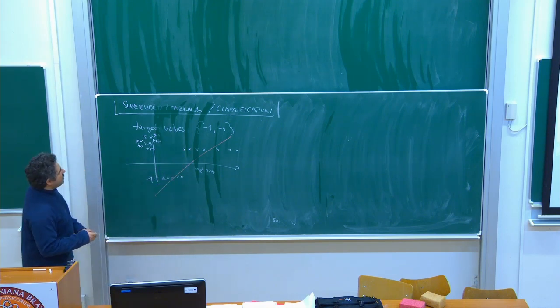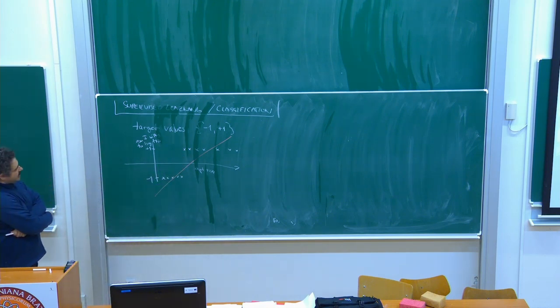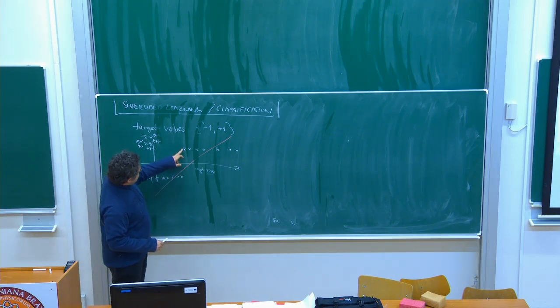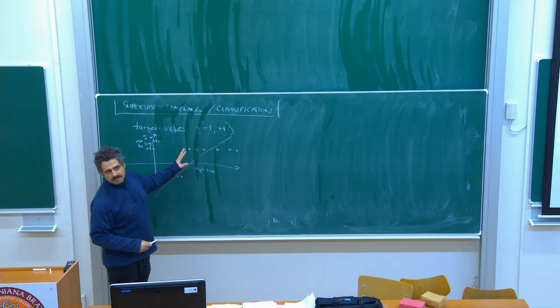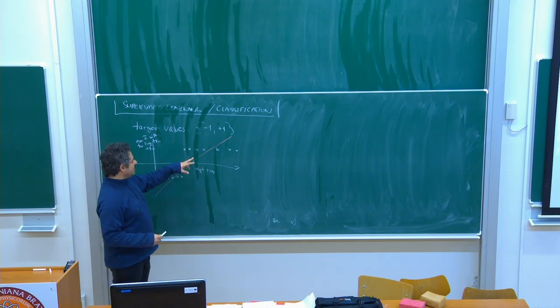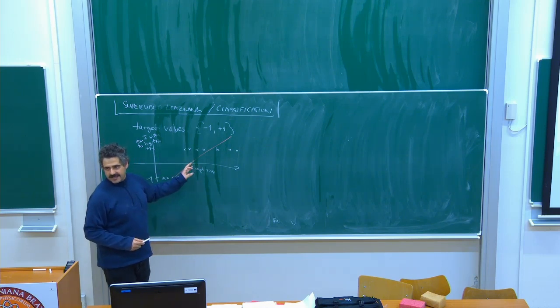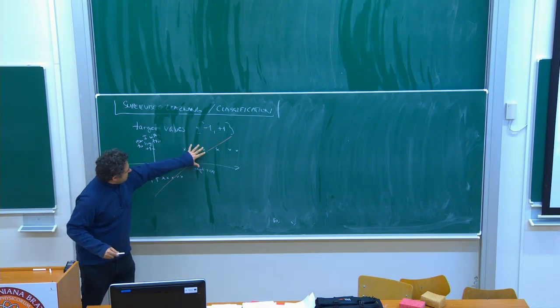Well, the problem is that, if you look at here, this is actually kind of okay. I mean, if this is negative, it's probably better to be positive than negative in this area, right? So the error function based on the difference from the target value is fine here, maybe.